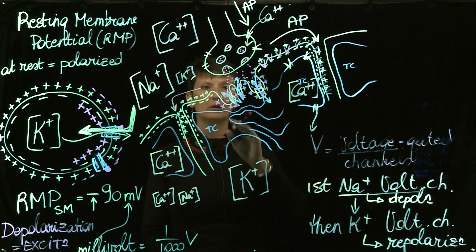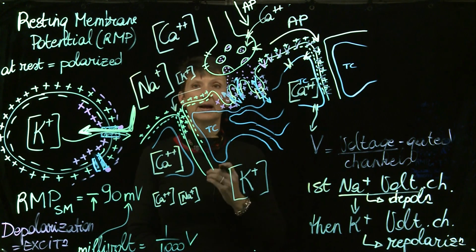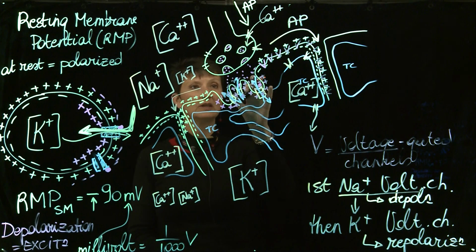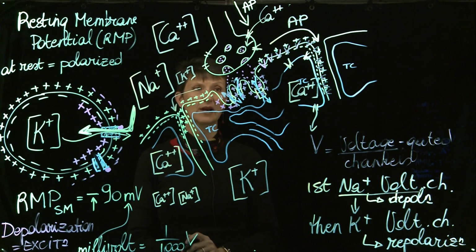So what do we call the ion channels to which acetylcholine binds? Well, those are triggered by the binding of a chemical, our neurotransmitter acetylcholine. And so these ion channels are not voltage-gated. What triggers their opening is the binding of the neurotransmitter.